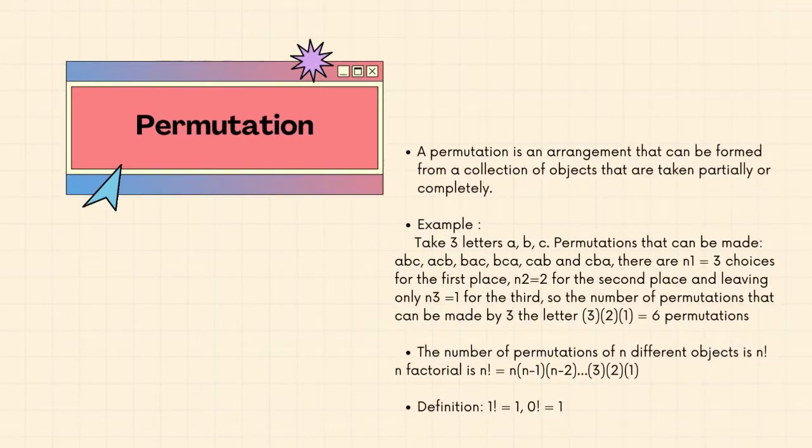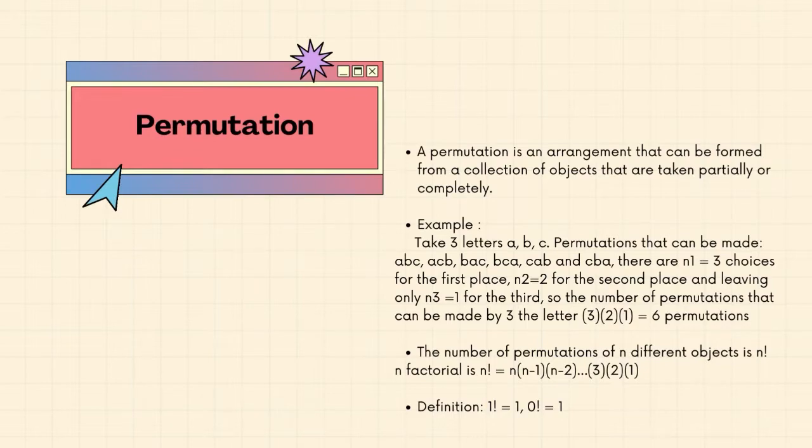Next is permutation. A permutation is an arrangement that can be formed from a collection of objects that are taken partially or completely. For example, take three letters A, B, and C. Permutations that can be made: ABC, ACB, BAC, BCA, CAB, and CBA.